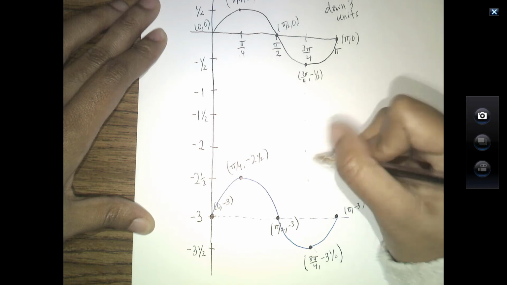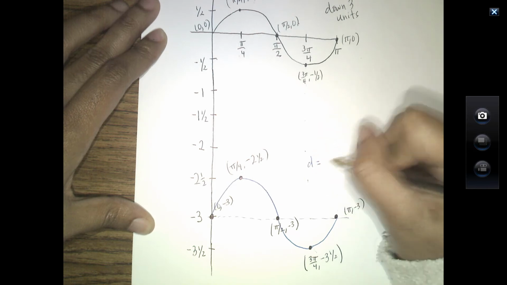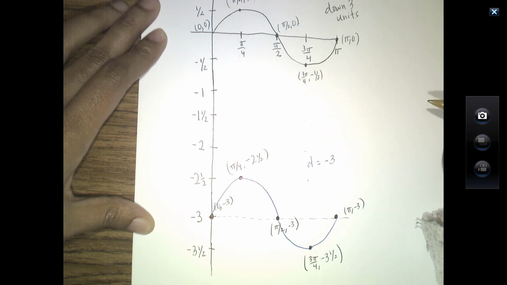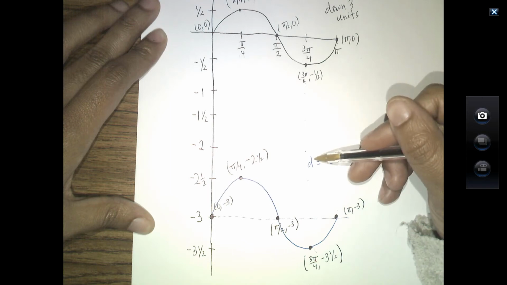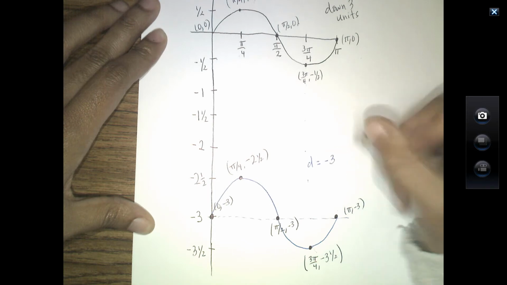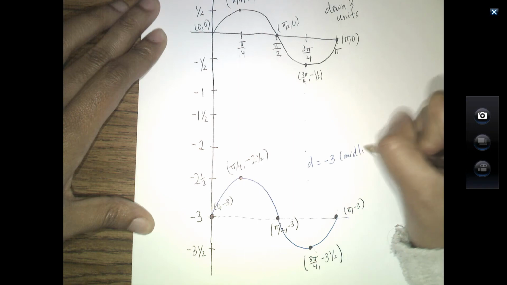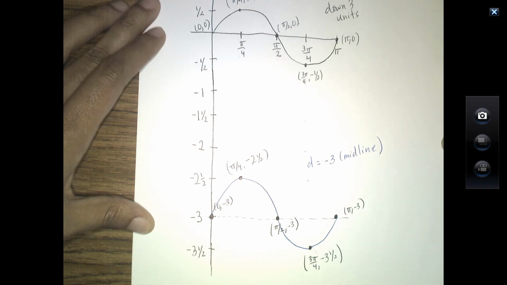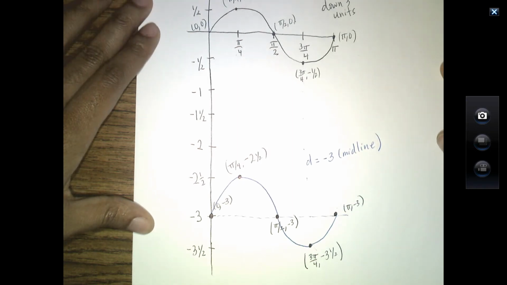So please write down that d is equal to negative 3, okay, because we know where we got that from. That was from the back number, the negative 3, and that's our midline. I have a cold. All right, so negative 3. That's the midline. That's where we should end up.